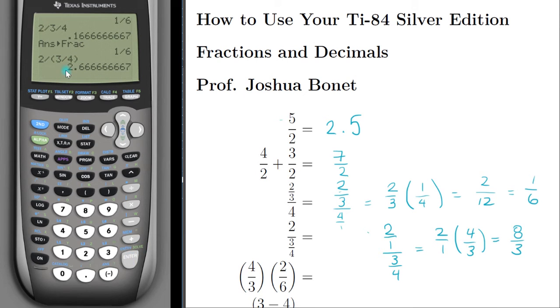So notice how it was different now. You have 2.6666, which if we press the option, you get 8/3. So by writing the parentheses, it gave me a different value.